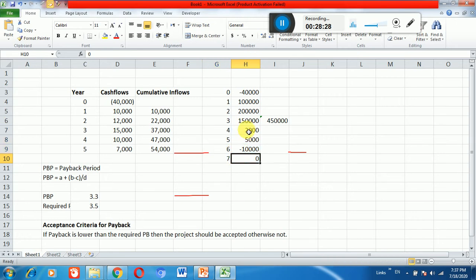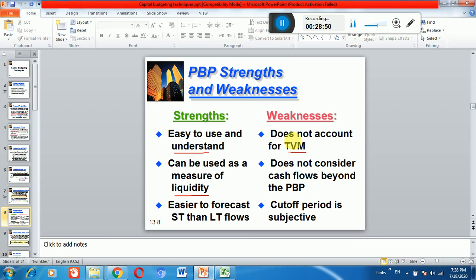Because if the future cash flows are negative, or 0, or much less, that will tell you the project is not really good. Maybe there are other projects with a higher initial cash outflow, but in the future the potential cash inflow is much higher. So dear students, the payback period does not take into consideration the cash flows beyond the required payback period.